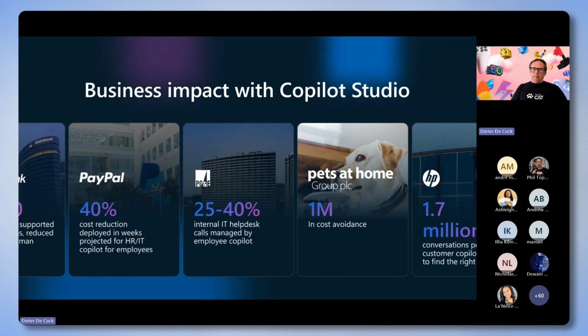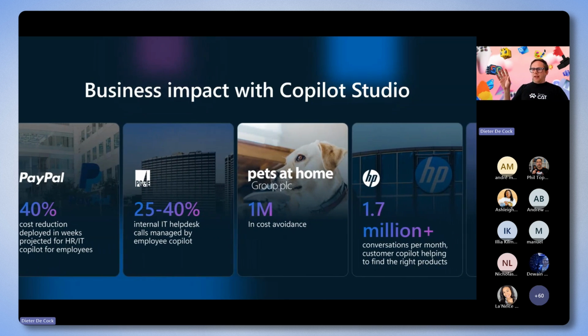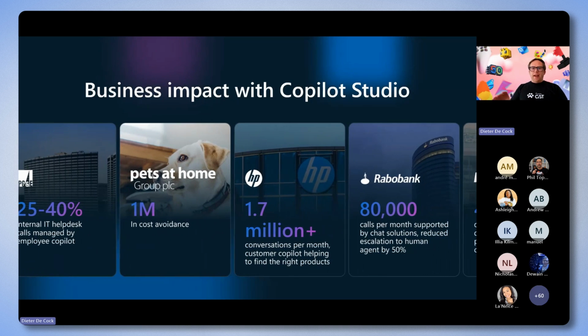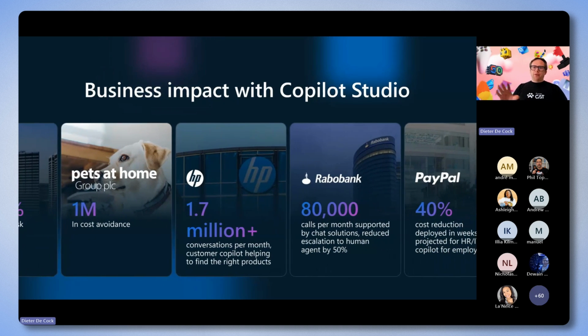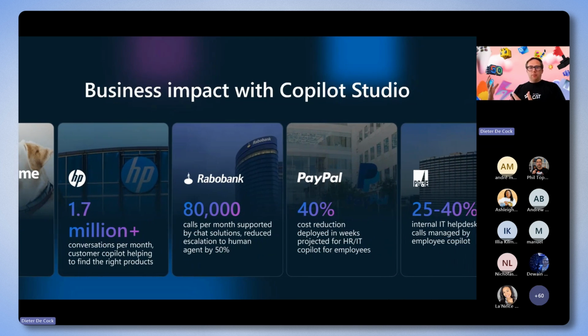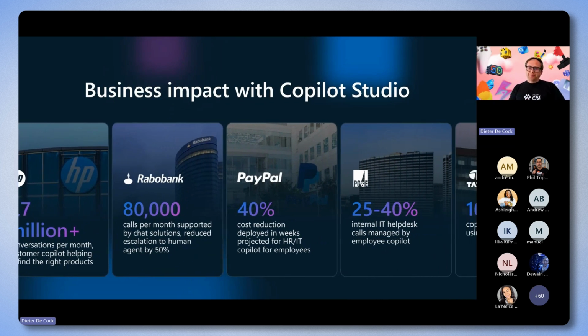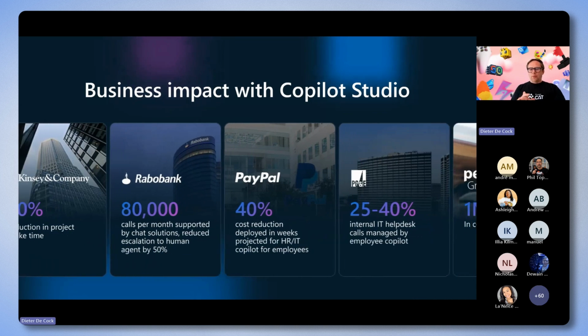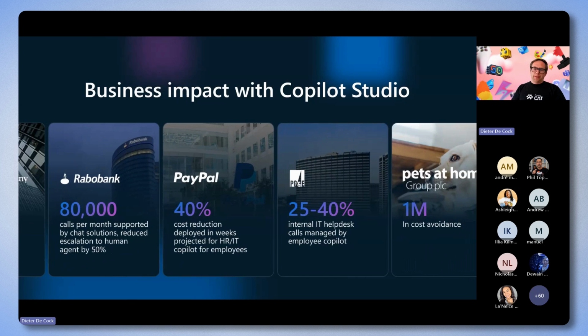Another example, Rabobank. Rabobank has 80,000 calls per month, and they were able to reduce 50% of those calls to the contact center. That's a huge amount of calls that don't come to the actual service desk engineers anymore.